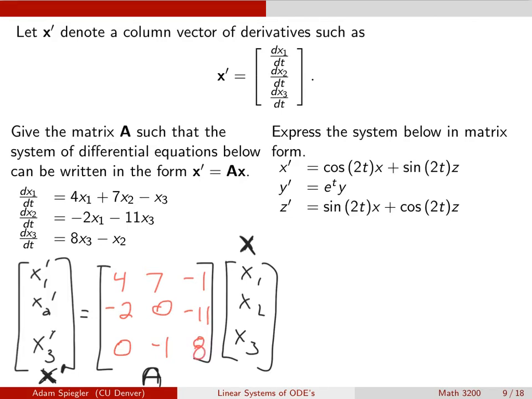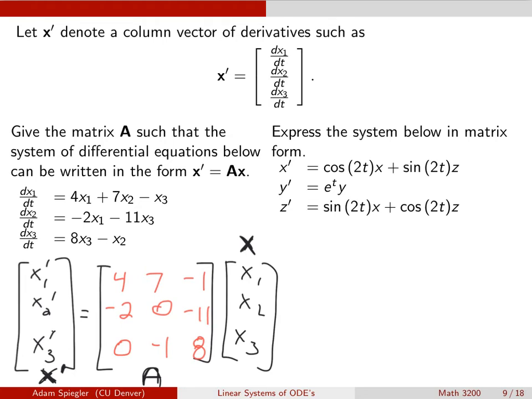So usually these terms are lined up in the right order. I jumbled them up a little bit just to make you aware that you should be careful, that you don't just assume they're in order. So here's our matrix A of coefficients corresponding to this system of linear differential equations.